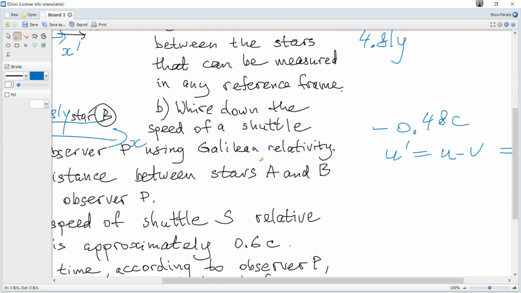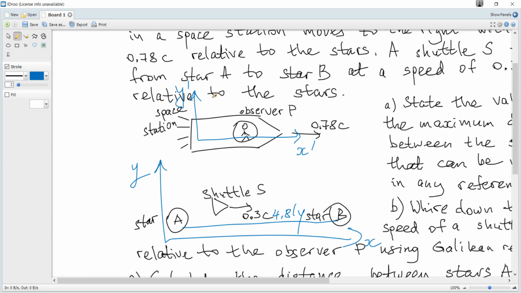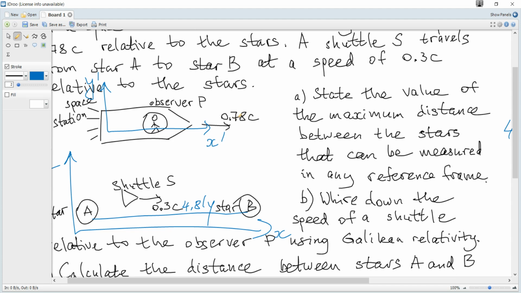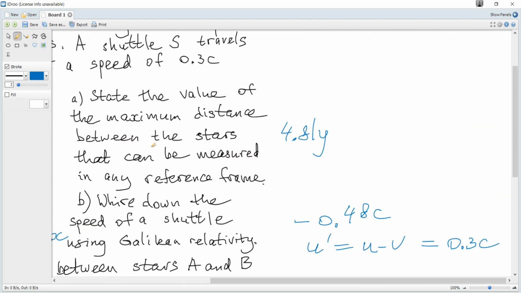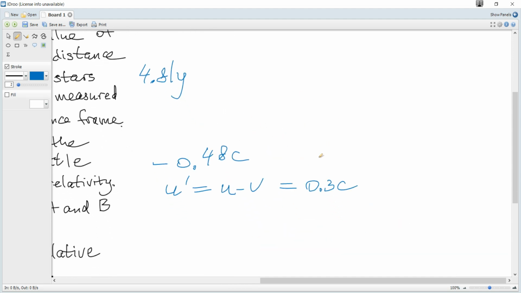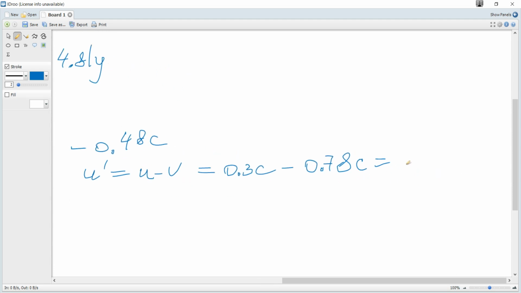And v is the speed of this moving reference frame relative to the stationary reference frame, so here it's 0.78 c, the speed of the observer P, so it's minus 0.78 c, and you can see that it's the same, negative 0.48 c. Minus means it's to the left.